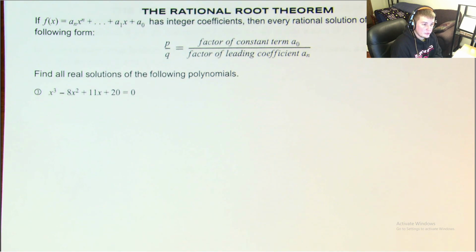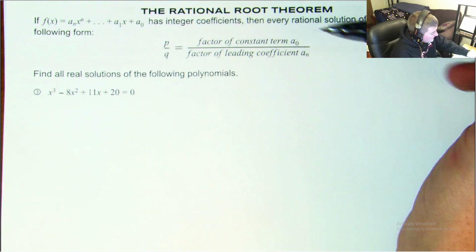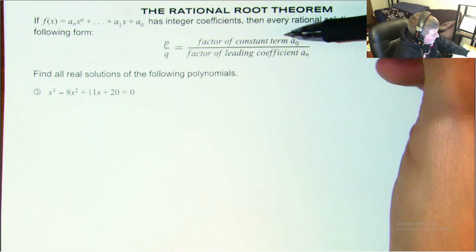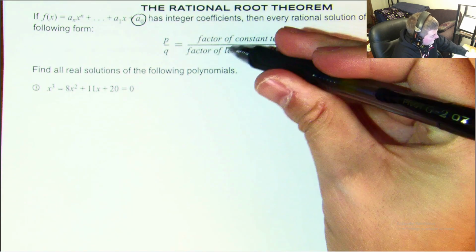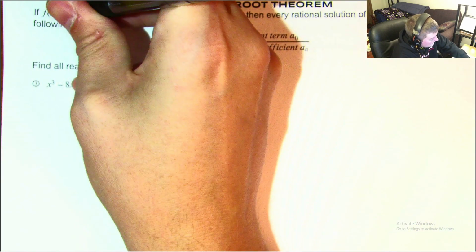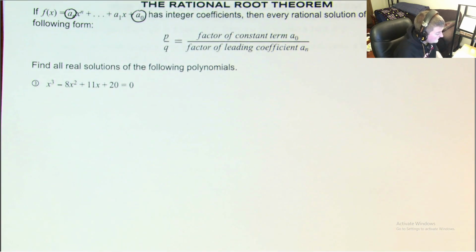Every rational root, so fractional root, of f of x equals 0 has the following form. That means it's always going to be a factor of the constant term divided by a factor of the leading coefficient.